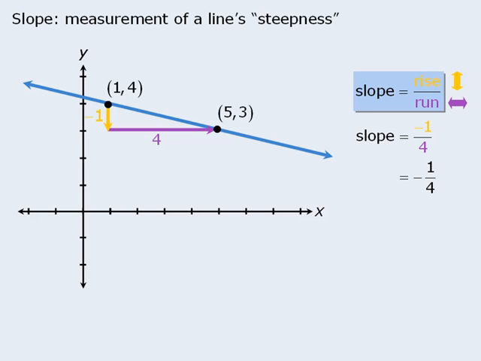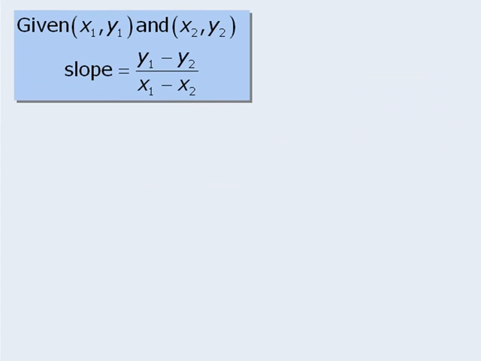Now at this point, we can take the idea that slope equals rise over run and generalize it as follows. Here we have a formula for finding the slope of a line given any 2 points on that line. Let's use this formula to find the slope of the line we just examined. Now 2 points on that line were (1, 4) and (5, 3).